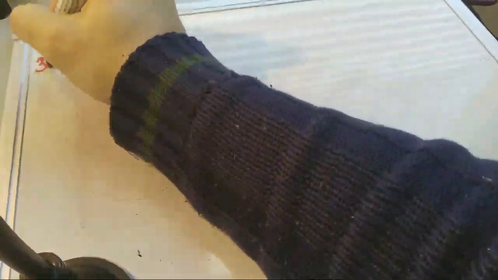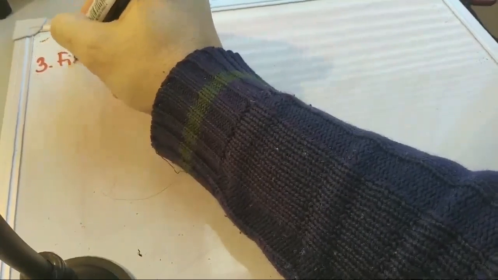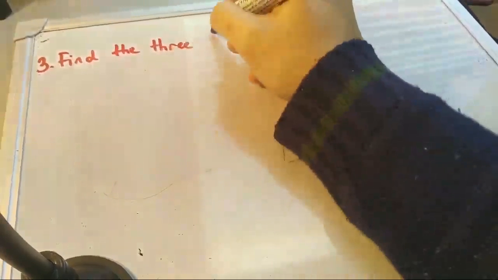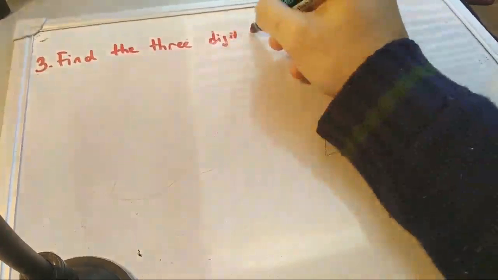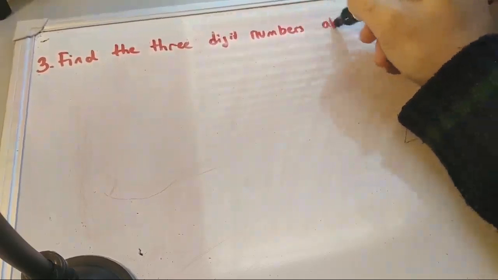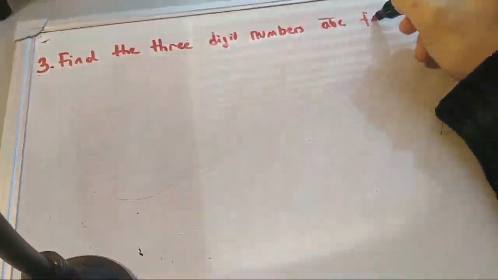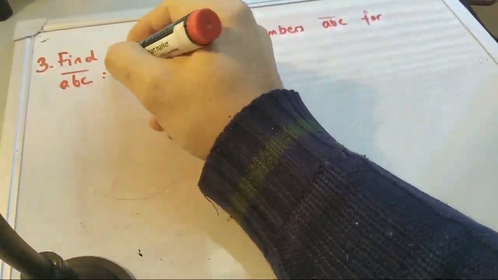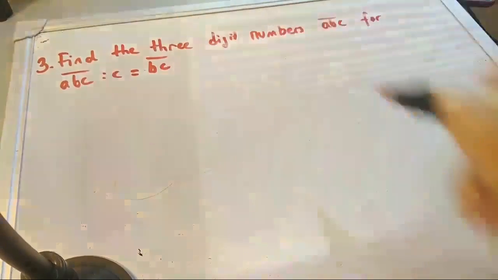The third question is coming. Find the 3-digit numbers ABC, such that ABC divided by C equals BC.